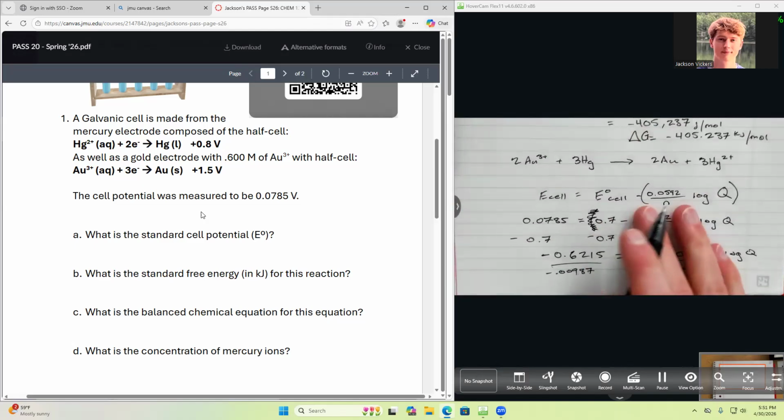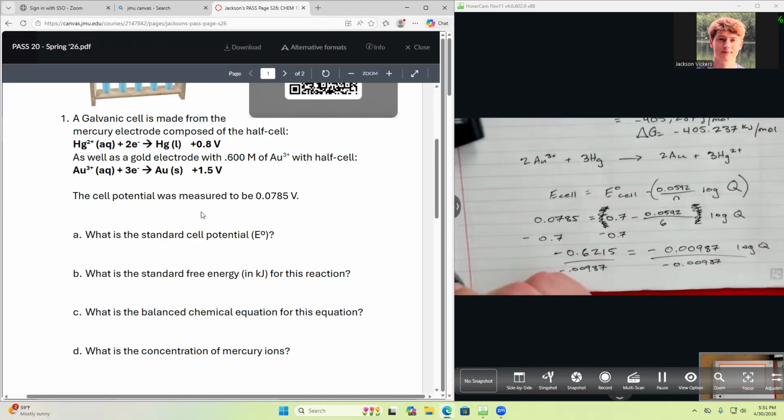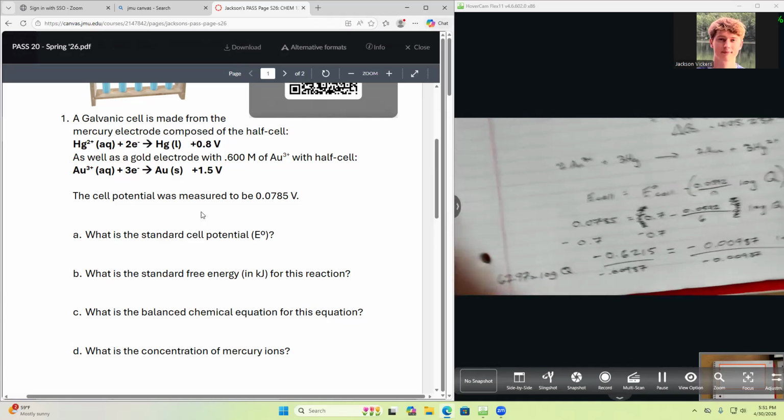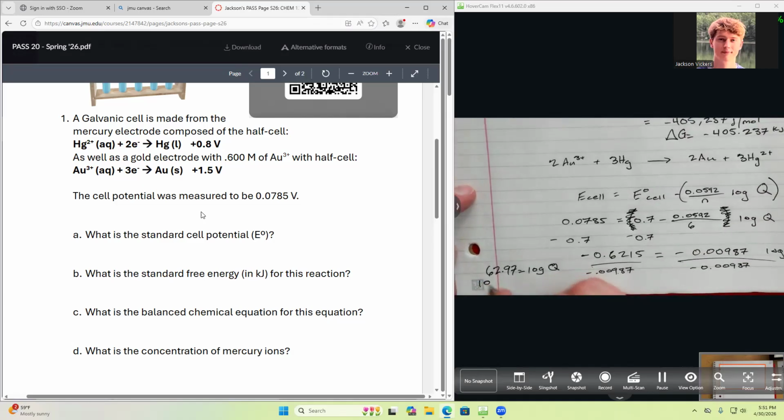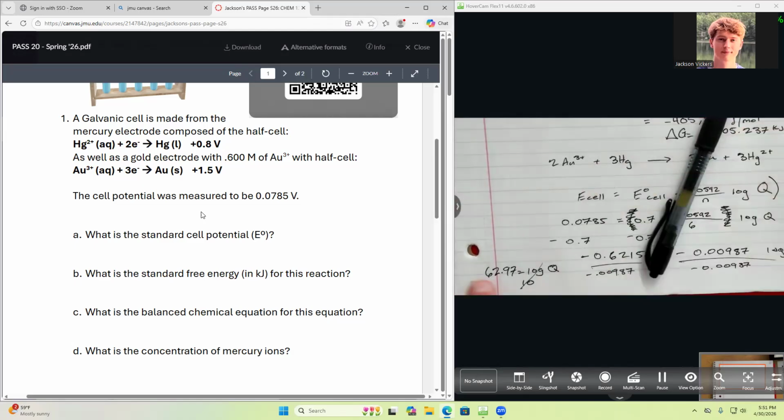And this is going to be, let me come over here for this, 62.97 = log Q. Do we remember how to get rid of a log? Yeah, put it to base 10. So that cancels this out. So 10 to the power of, is that right?